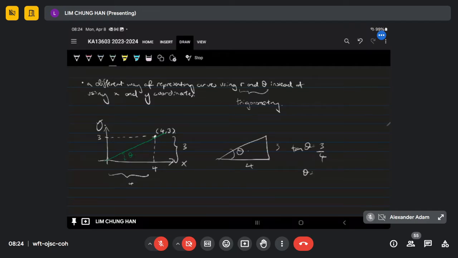You also need a distance. You need to know that distance as well, so we're going to call it R. The R is basically that distance, which is the hypotenuse. How do you get the length of the hypotenuse?